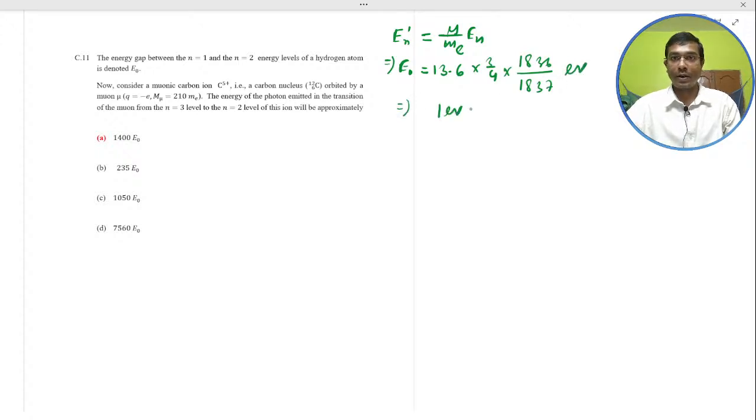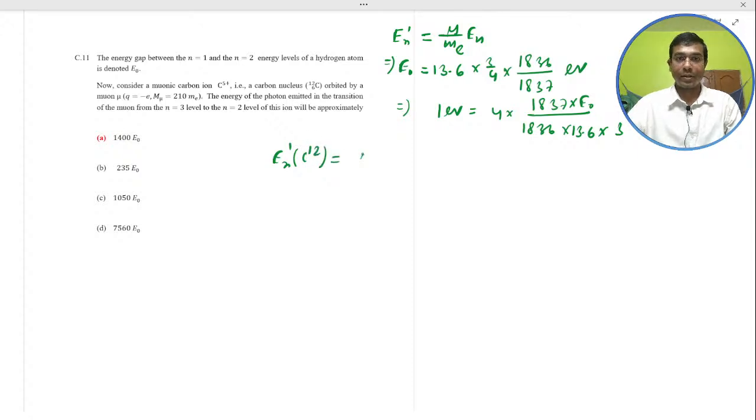That means 1 electron volt equals 4 into 1837 into E naught divided by 1836 into 13.6 into 3. That is the En dash of C12. This is mu by me En.